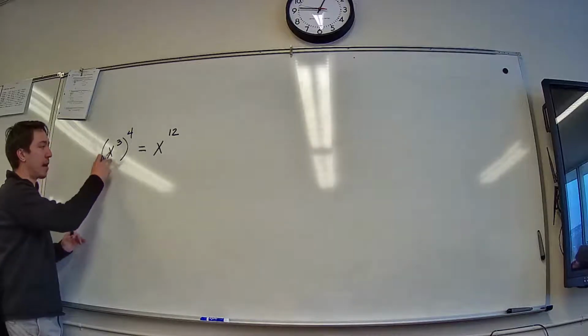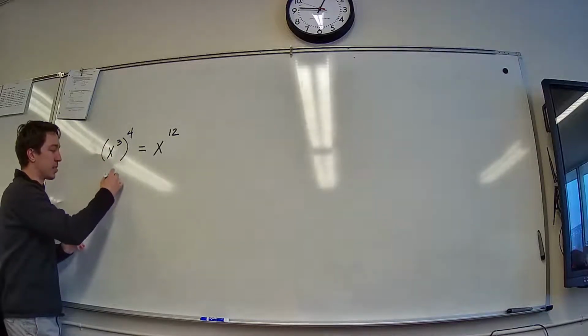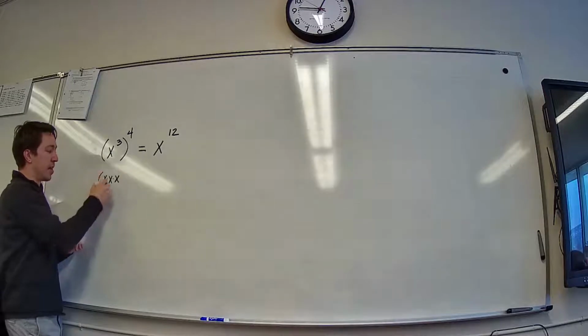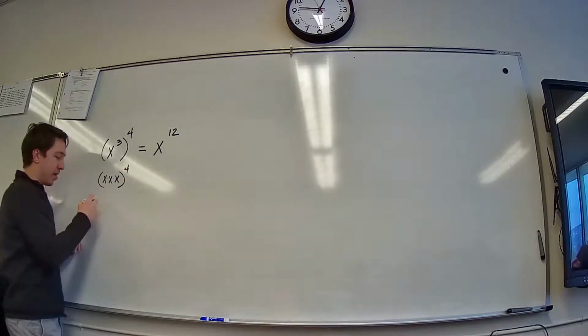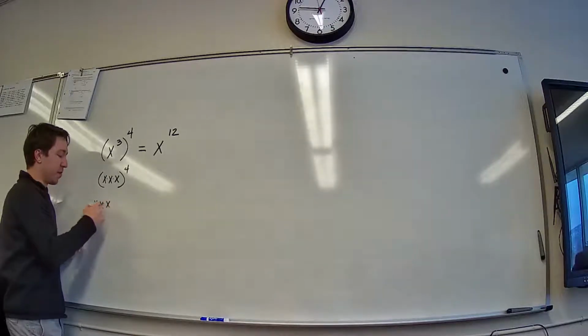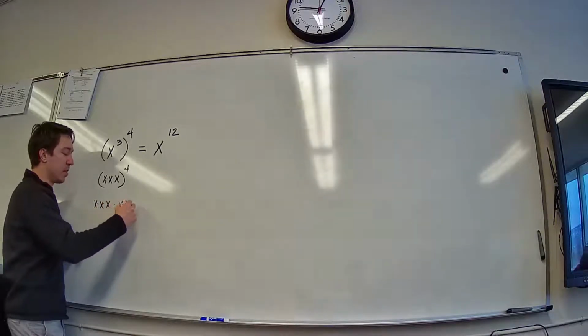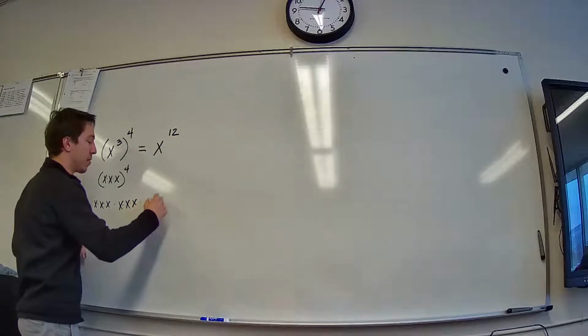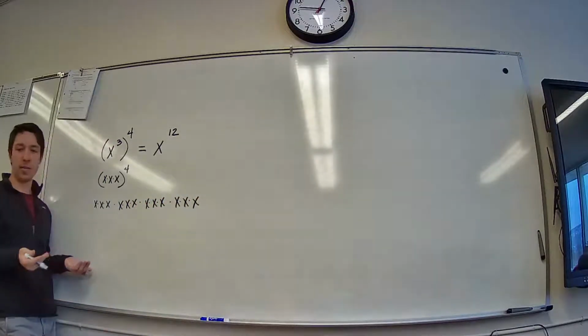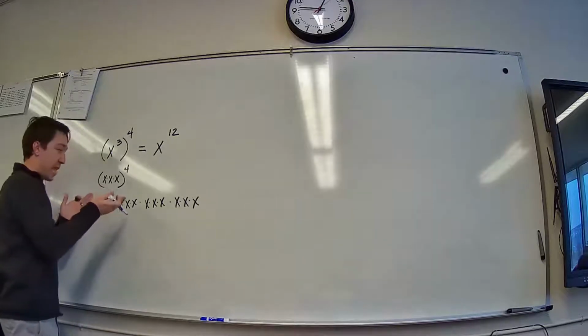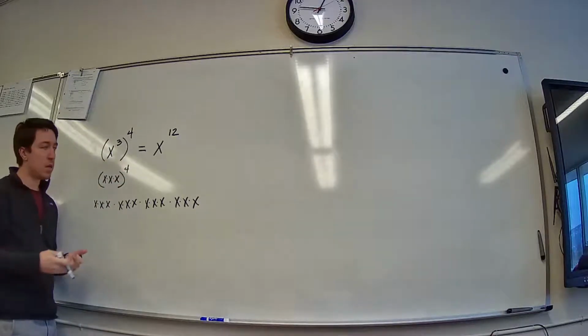What I'm talking about is x cubed means x times x times x. So if that thing is raised to the fourth power, imagine 4 copies of that. I guess you don't have to imagine, I'll draw it for you. 1 copy, 2 copies, 3 copies, 4 copies. And then if you go, oh, I know what multiplication is, that's the same as saying 3 times 4.